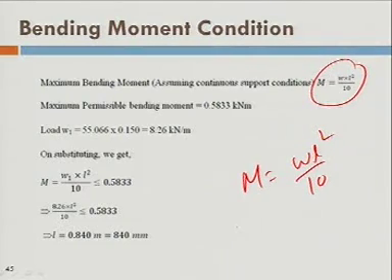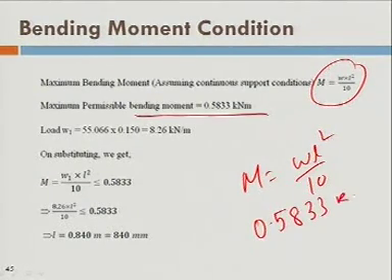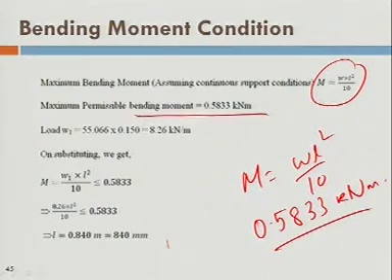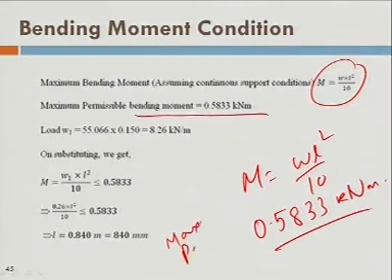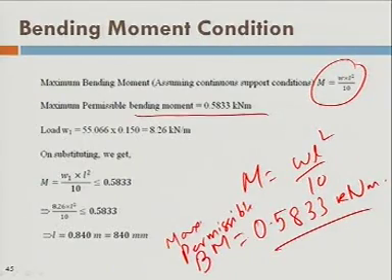The maximum permissible bending moment in case of this timber is 0.5833 kilonewton meter. Maximum permissible bending moment. So can you just quickly find out the span based on this bending moment consideration?